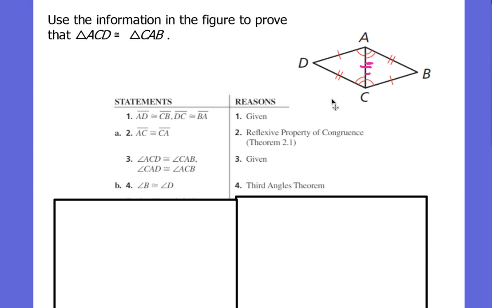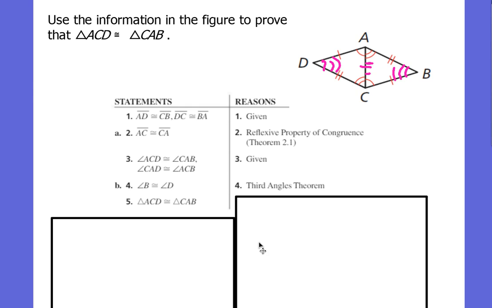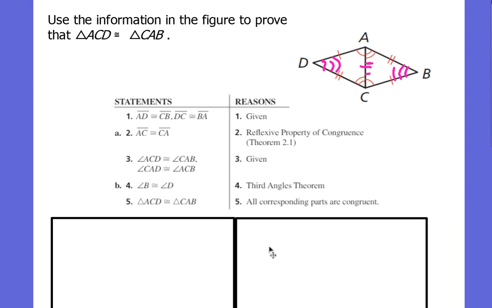So what have we done so far? We have now shown that these angles are also congruent. As far as I can see, all of the sides that correspond are congruent, all of the angles are congruent, and so that shows us that those two triangles are congruent because all corresponding parts are congruent.